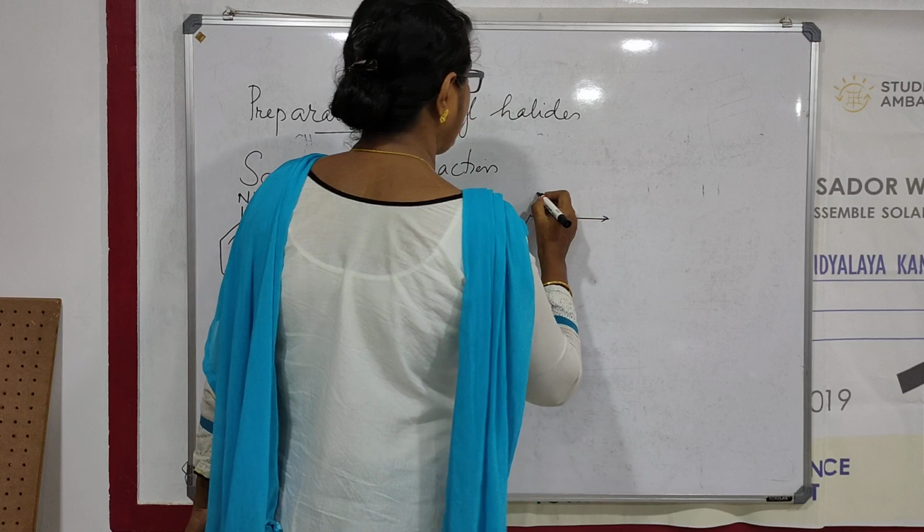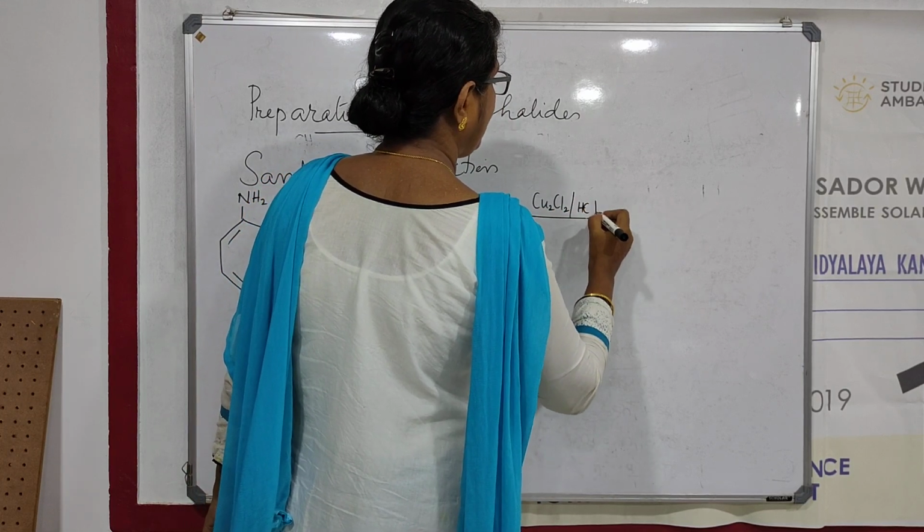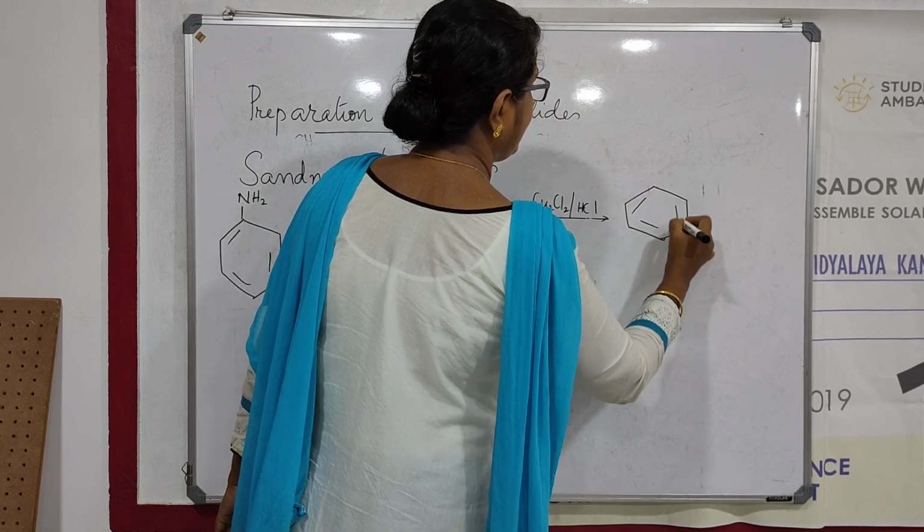This chloride, if you treat with copper(I) chloride and HCl, you will get chlorobenzene.